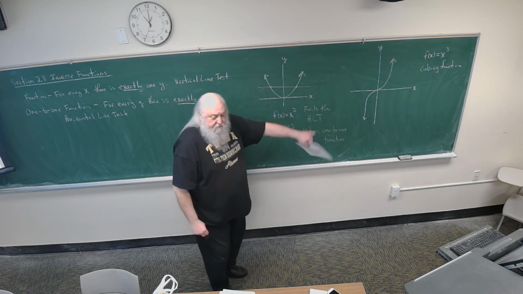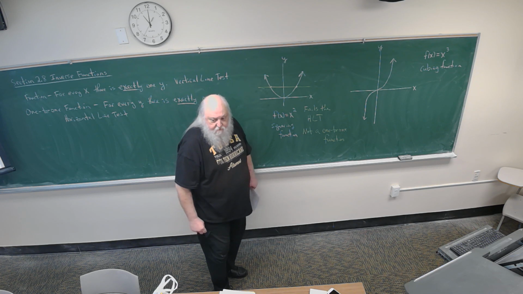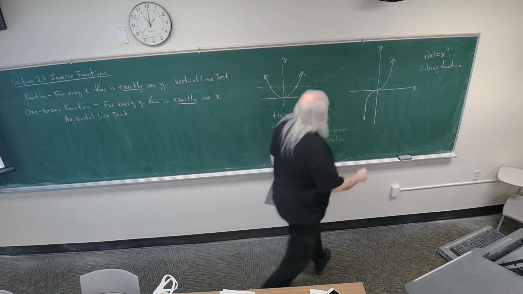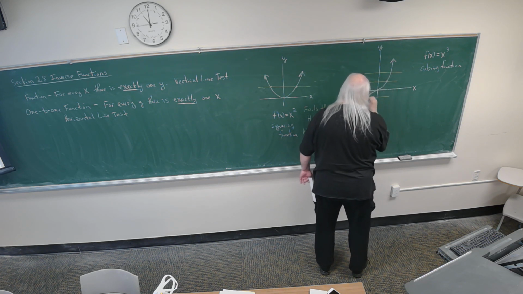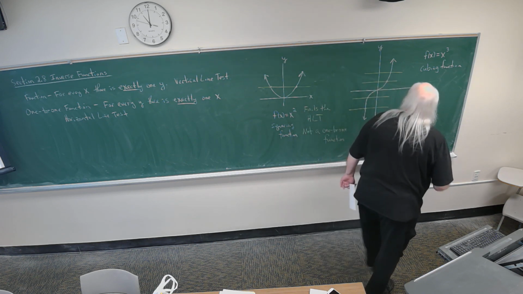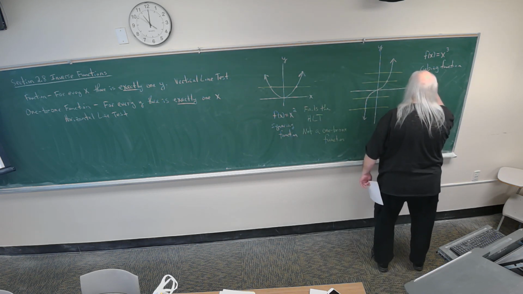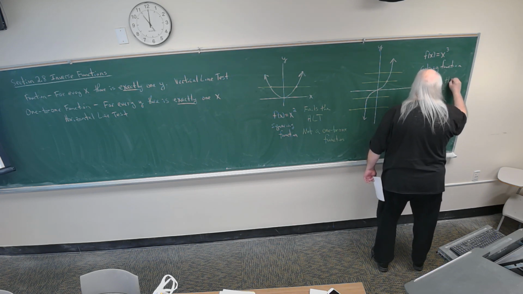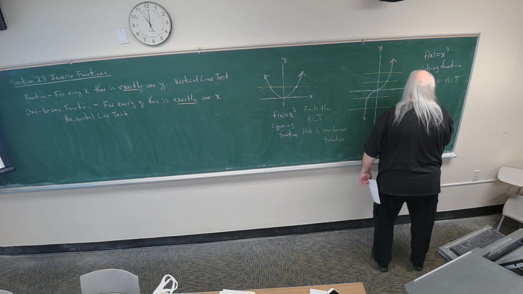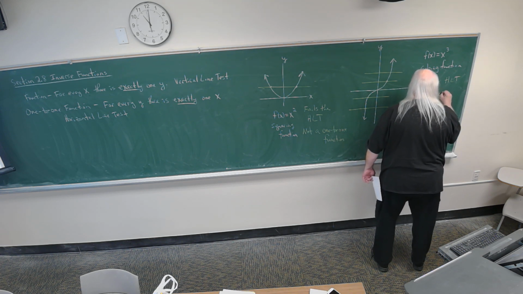What about the cubing function? Is it a one-to-one function? Yeah, right? No matter where I draw the horizontal line, it intersects the graph in only one location. So it's a one-to-one function. It passes the horizontal line test.